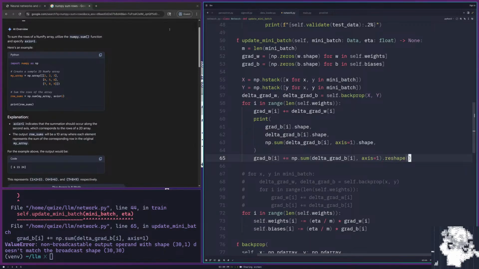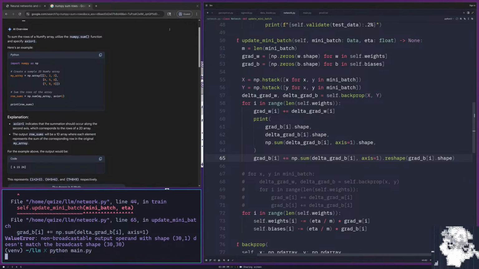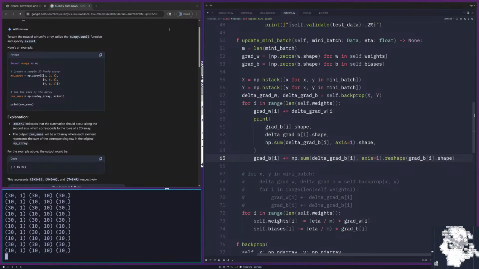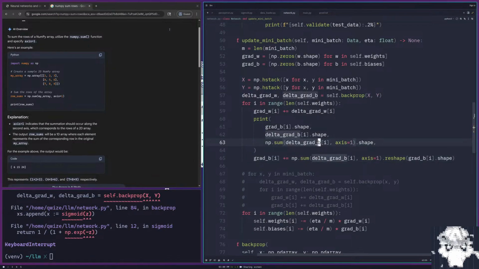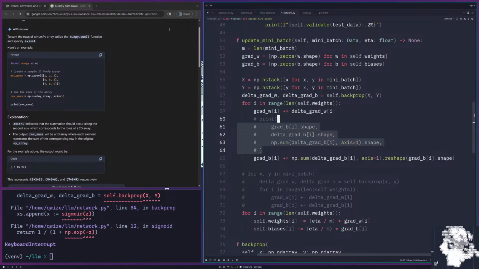Reshape to be blah, 1, and the blah is, I guess I can just do grad b of I dot shape. Okay, now remove the print statement. Clear.